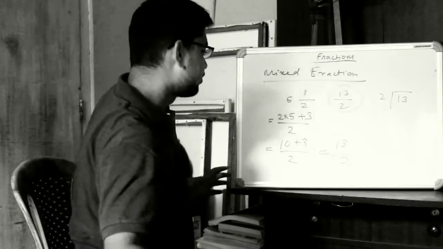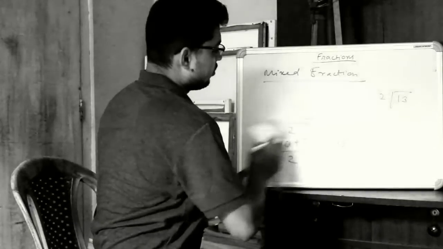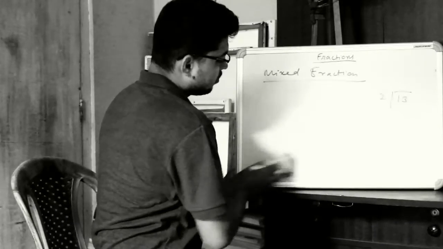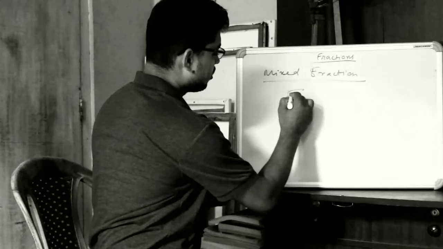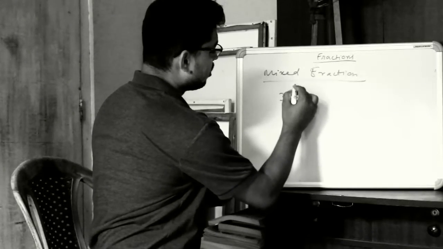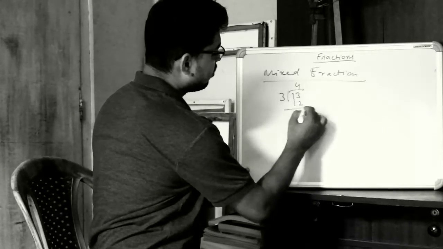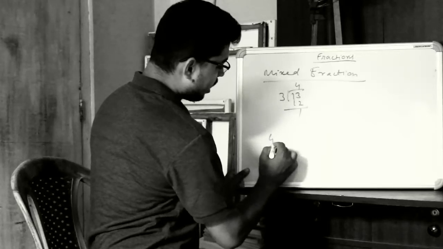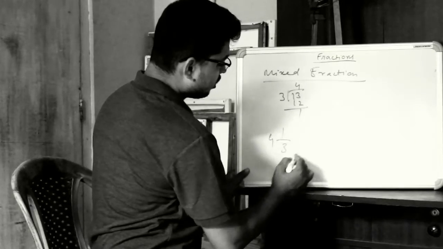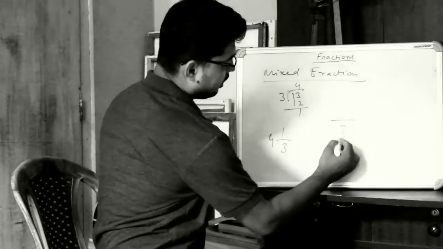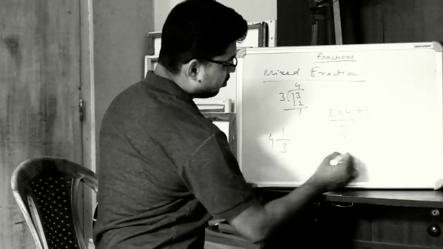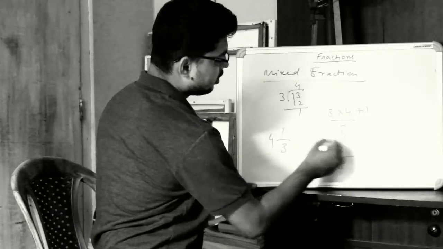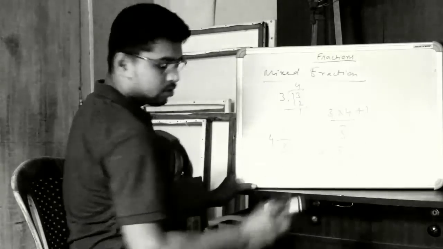This is wrong actually. Mixed fraction means, for 13 divided by 3, 4 times 12, remainder 1. So 4 comes first, then 3 downside, 1 upside. So it means 3 downside, 3 into 4 plus 1 equals 13 by 3. So this is called a mixed fraction.